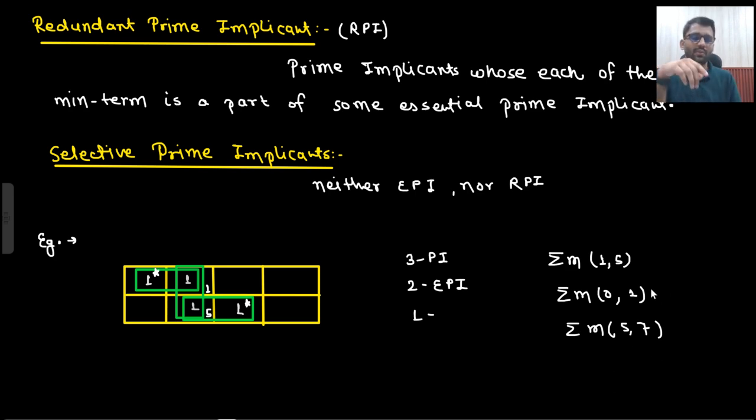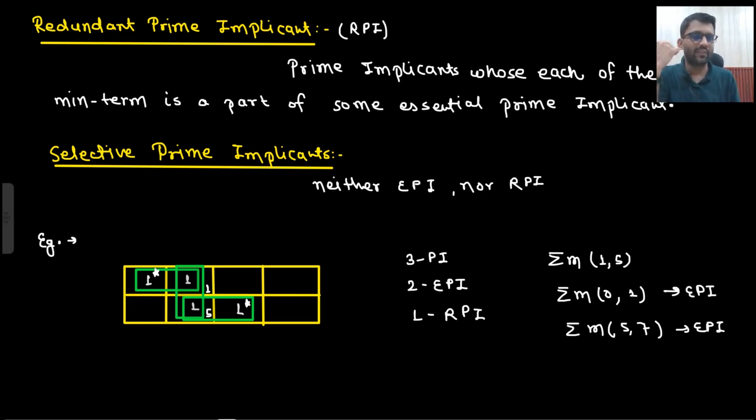Okay. So this term 1 is involved with 0, which is an essential prime implicant, and 5 is involved with 7, which is also an essential prime implicant. So each term should be a part of an essential prime implicant. Then only we will say this is a redundant prime implicant. Are you getting this point? Each term should be a part of an essential prime implicant.